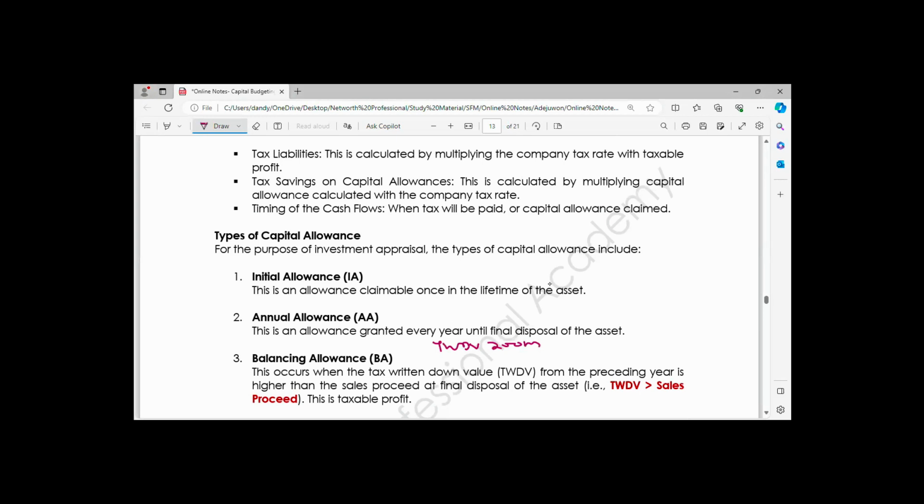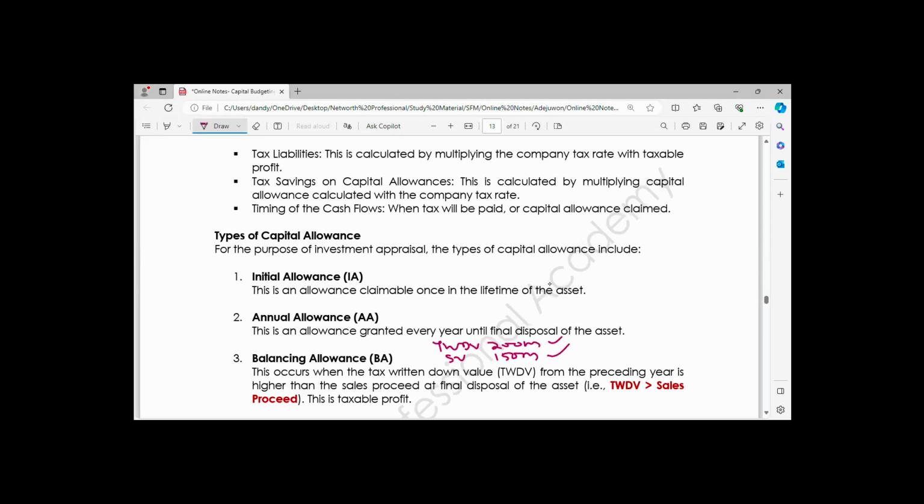Then this asset is disposed, scrap value. This asset is disposed at 150 million. The asset that is worth 200 million naira is being disposed at 150 million.